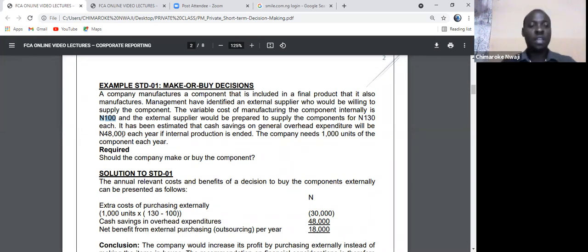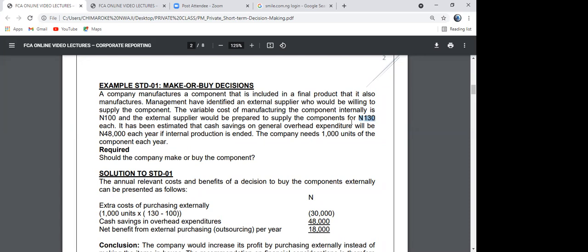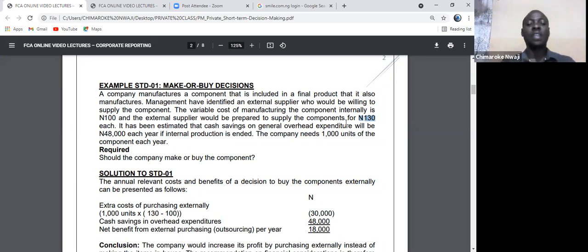So whether you do it yourself or you give it out to them, 100 naira must be incurred. But because you are giving it out to them, you are incurring an extra 30 naira. If you have not given it out to them, you will have been doing it for 100 naira. So 30 naira is the extra cost of doing this external sourcing. So 30 naira is the extra cost you're making on each component.